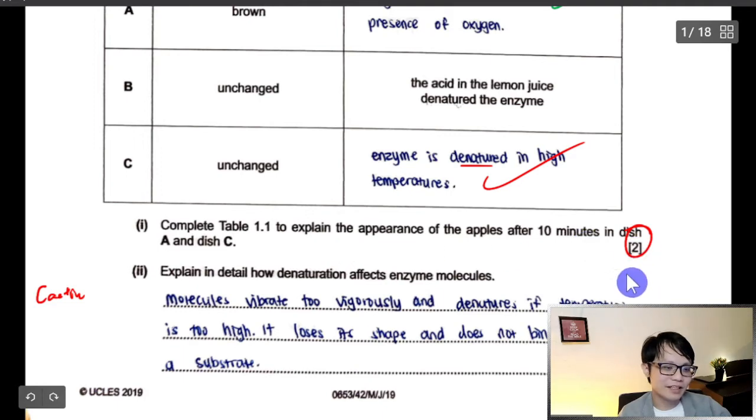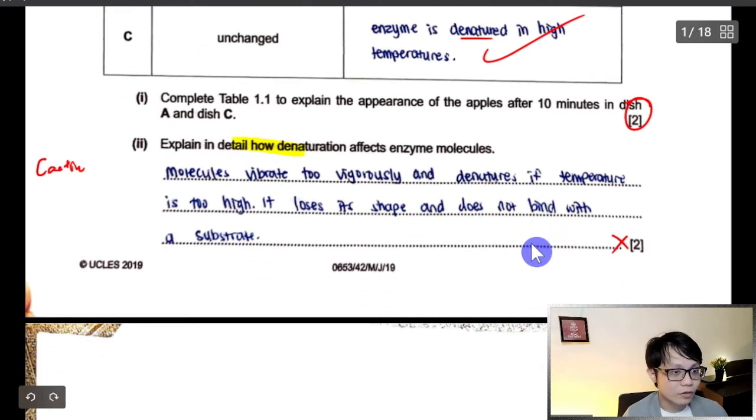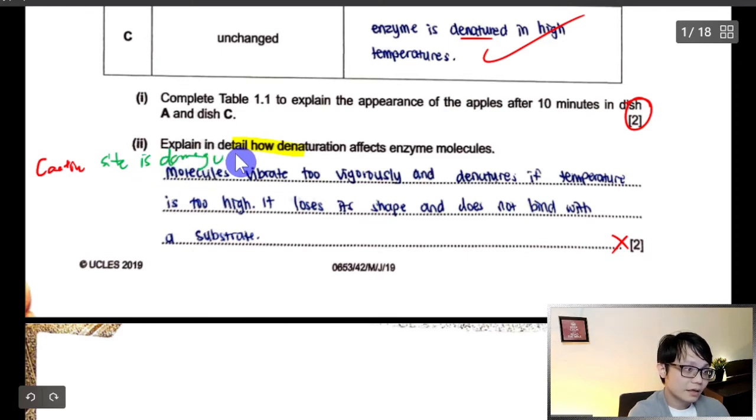Complete table 1, so you get 2 marks for this one. Explain how denaturation affects the enzyme molecule. So the first keyword is we want to say that the active site is damaged. Okay, that's the first thing you want to say.